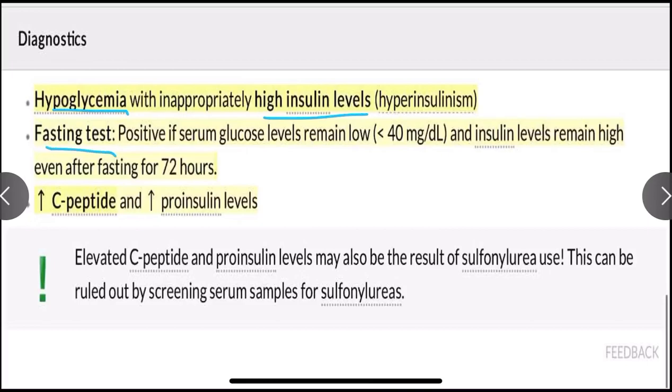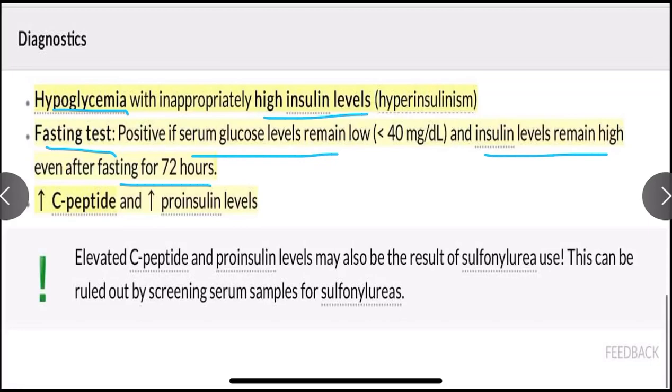The test will be positive if the serum glucose level remains low and insulin remains high after fasting for 72 hours. So if the patient is fasting for 72 hours and insulin is still high and glucose remains low, we suspect insulinoma.